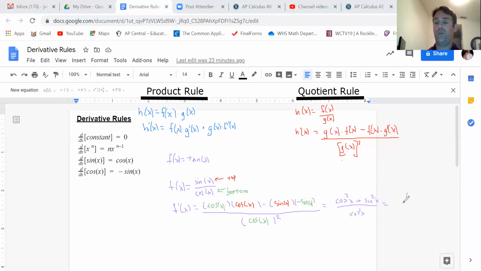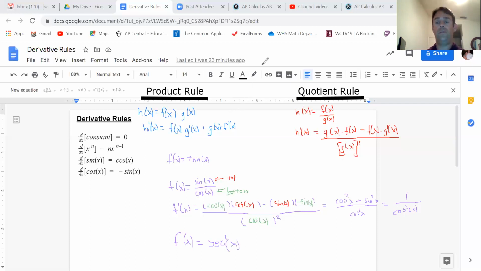Cosine squared plus sine squared is 1, which they tell me is the loneliest number. 2 is better than 1, because 1's the loneliest number. And then 1 over cosine, well, that's the same thing as secant. So 1 over cosine squared would be secant squared x.